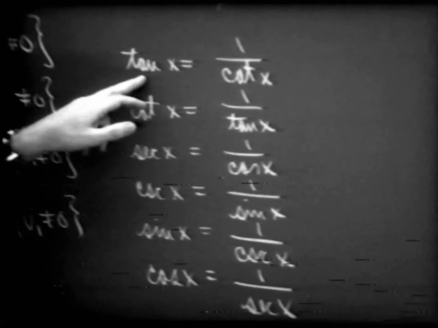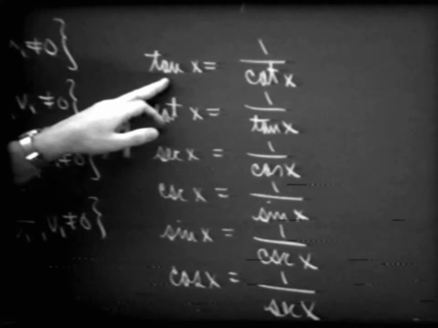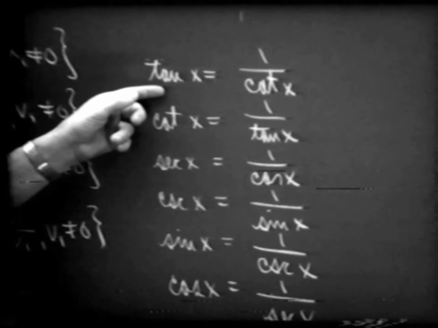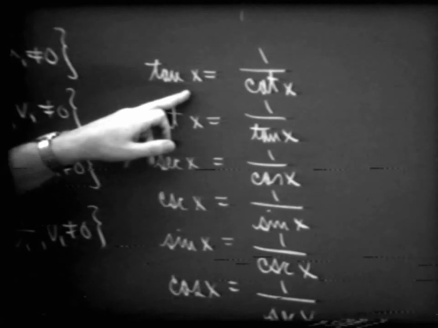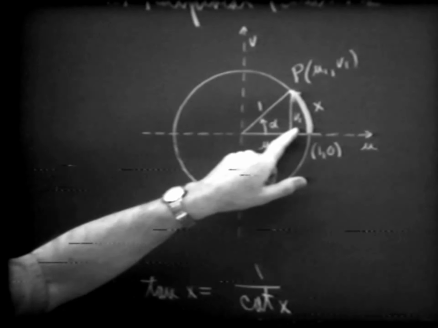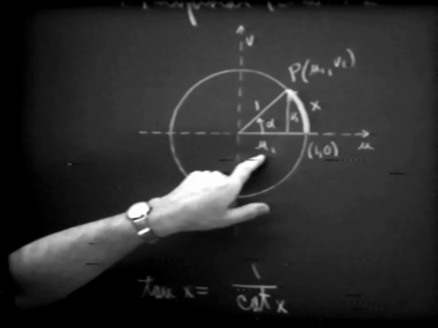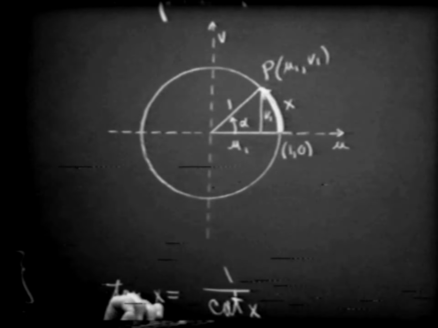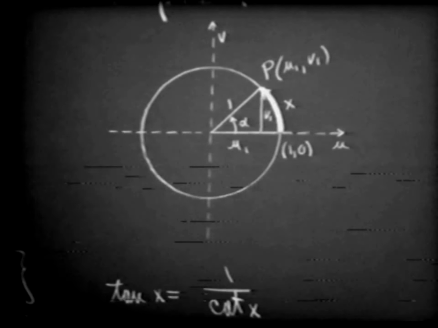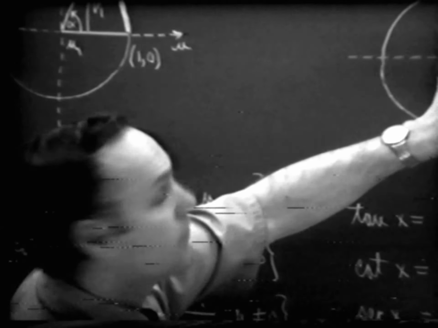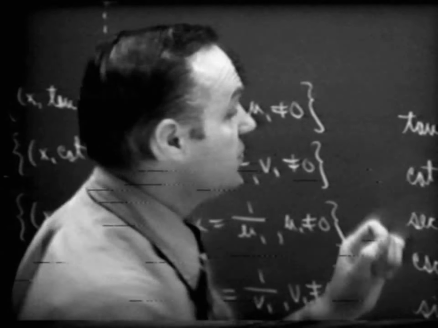As a matter of fact, let's look at the tangent function again for a minute. Even though it doesn't come into these reciprocal relationships, I think it's worth pointing out. The tangent of x, we've said, is what? Looking at our picture, our definition is v sub 1 over u sub 1. But give me another name for v sub 1 in terms of our definitions. Another name for v sub 1 is sine of x, and another name for u sub 1 is cosine of x.